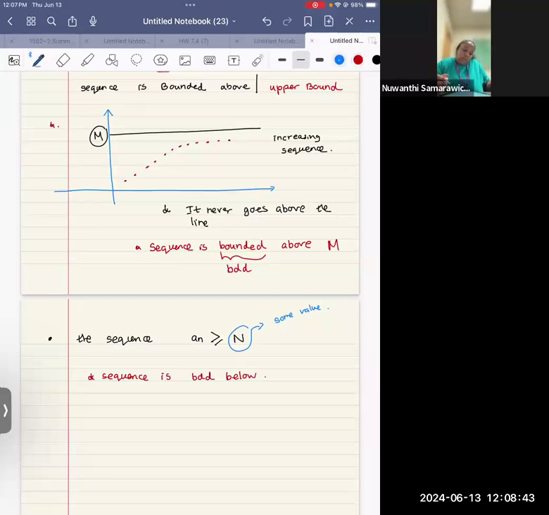Let's visualize this one. Bounded below.